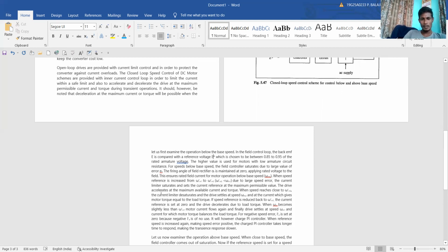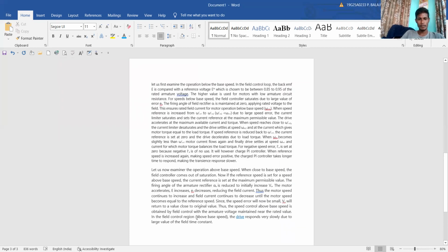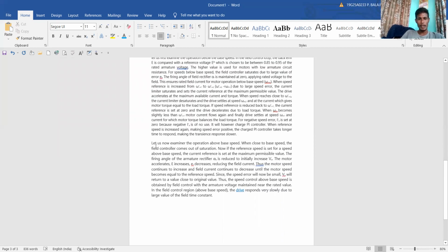Then the current limiter desaturates and the speed reaches Wm2, and the current reference goes to zero. This is the speed control of a DC motor, and the response is slower.